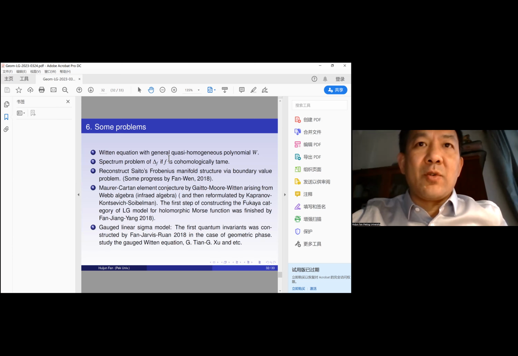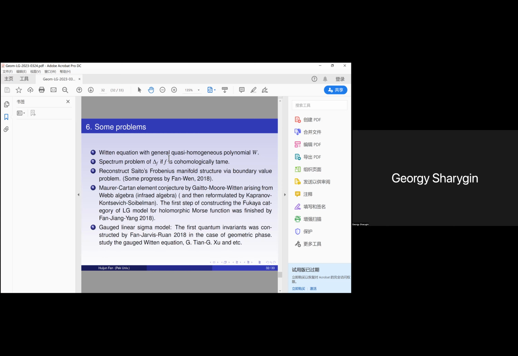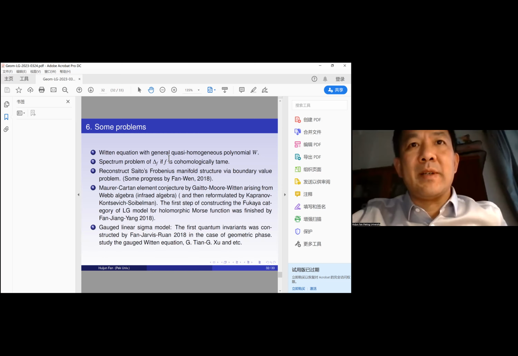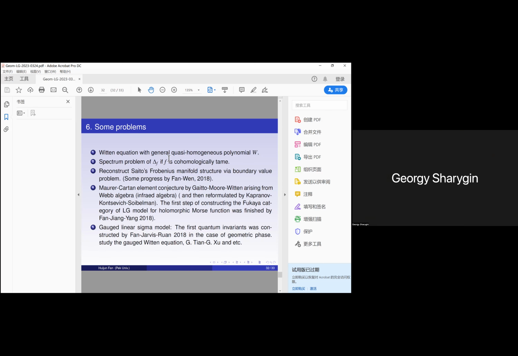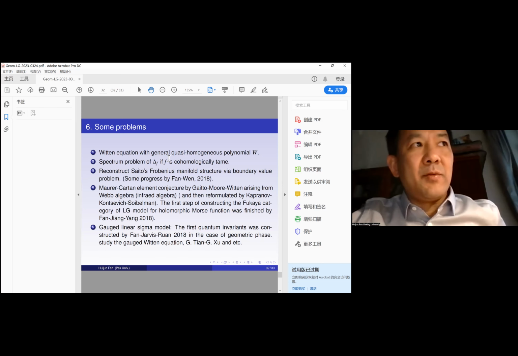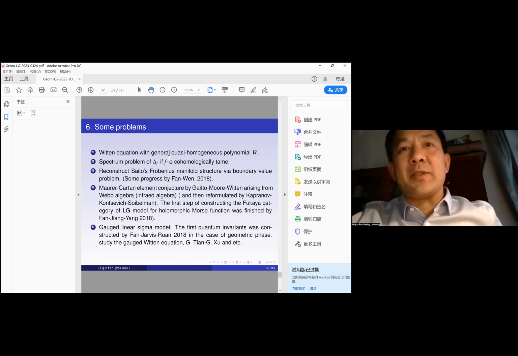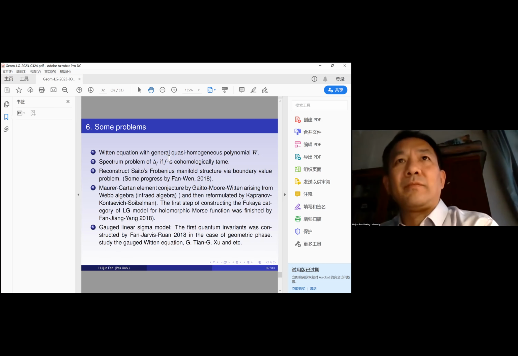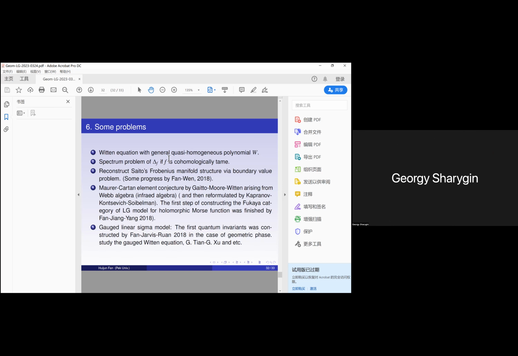And according to the LG-CY correspondence, we have the definition of such torsion from the side of the LG model. And the problem is, do they have some relations? This is the genus 1 LG-CY correspondence. So far, it was unknown. Maybe it's related to some localization technique.